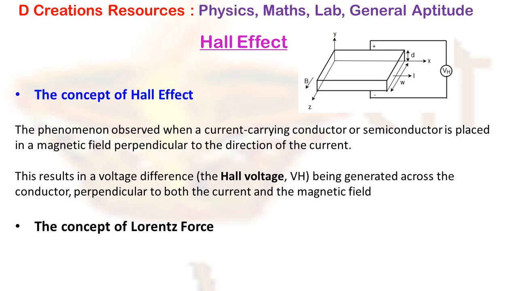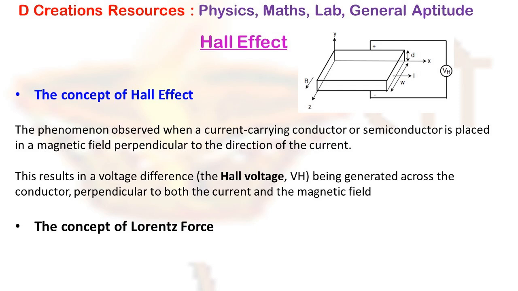So the idea is that on one side you have the negative charges and on the other side you have positive charges. So basically a voltage is building up, and the direction of this voltage is mutually perpendicular to both the direction of the current as well as the direction of the magnetic field. The voltage that has got built up is called the Hall voltage.